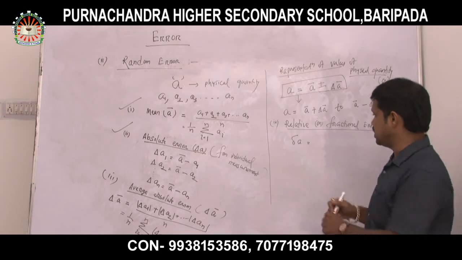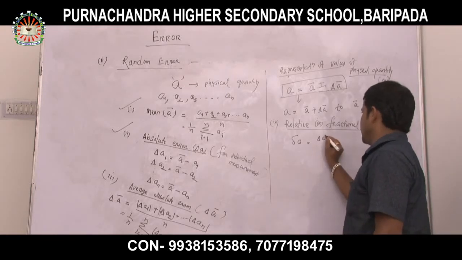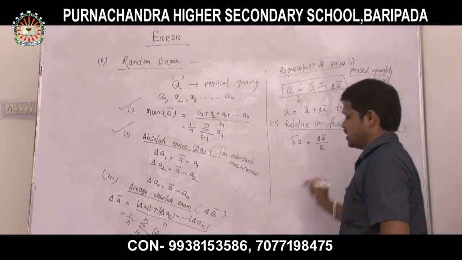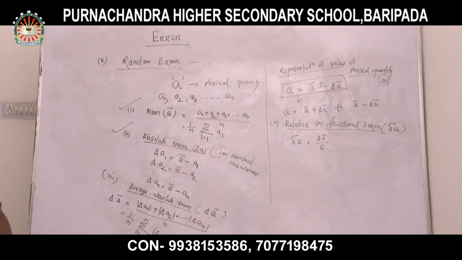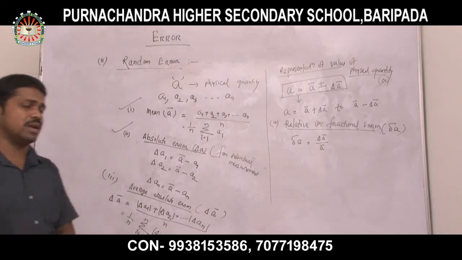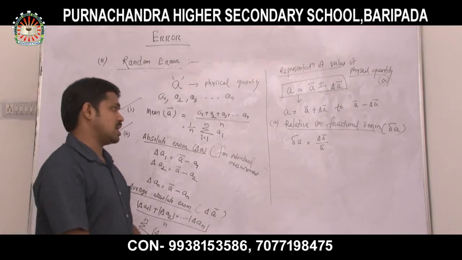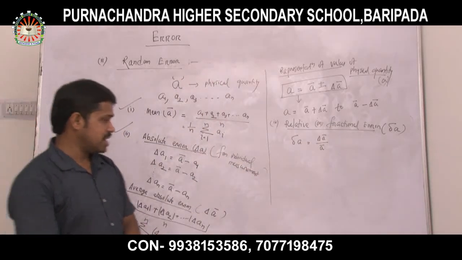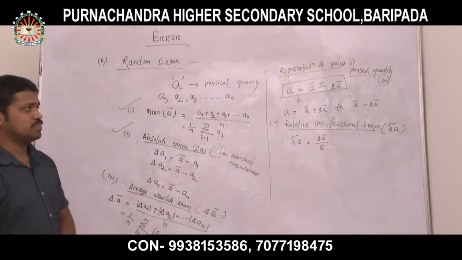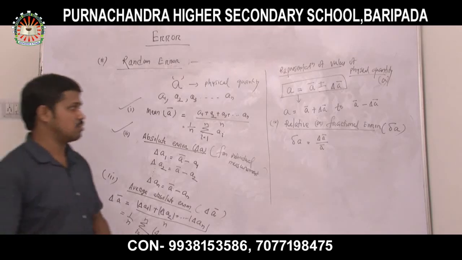It is the ratio between del A bar divided by A bar. So again I will repeat, relative error or fractional error is the ratio between the average absolute error divided by the mean of that physical quantity.